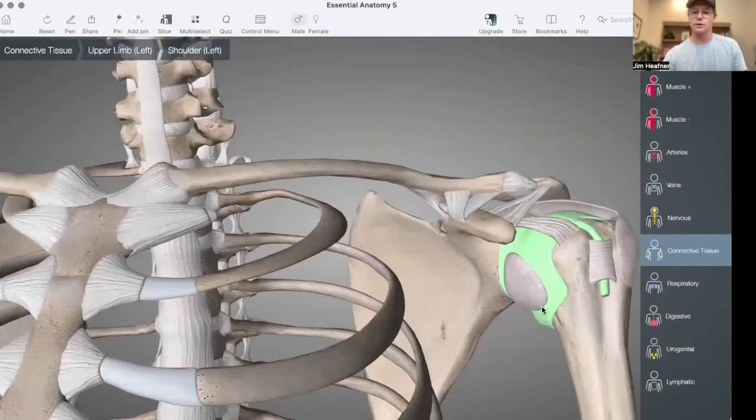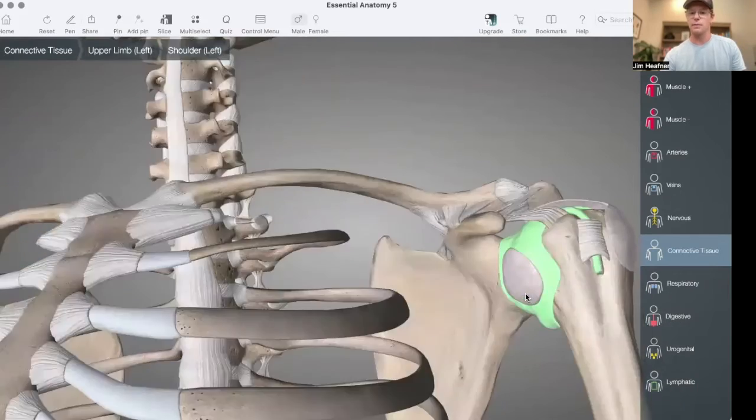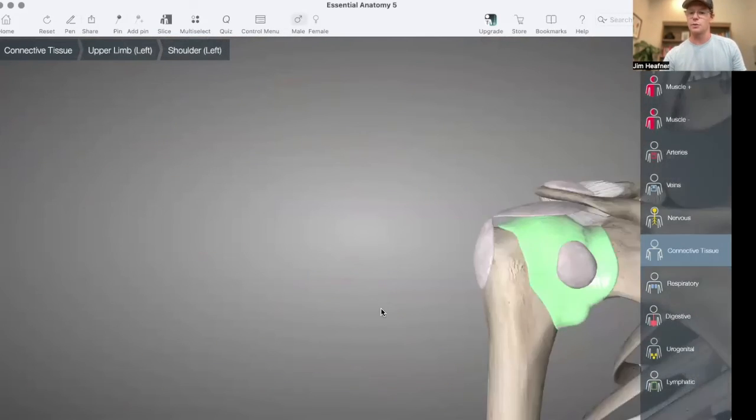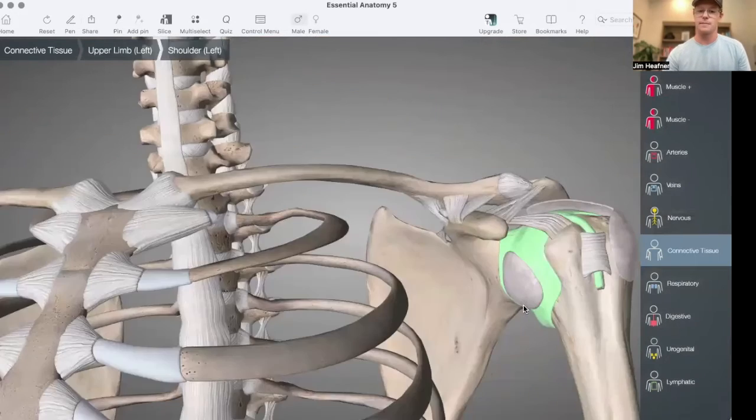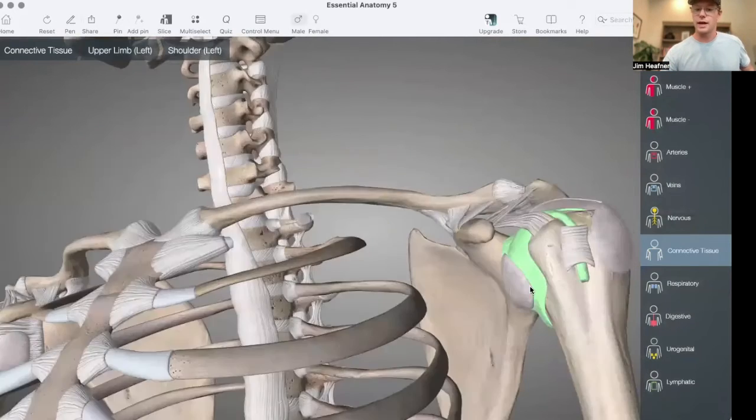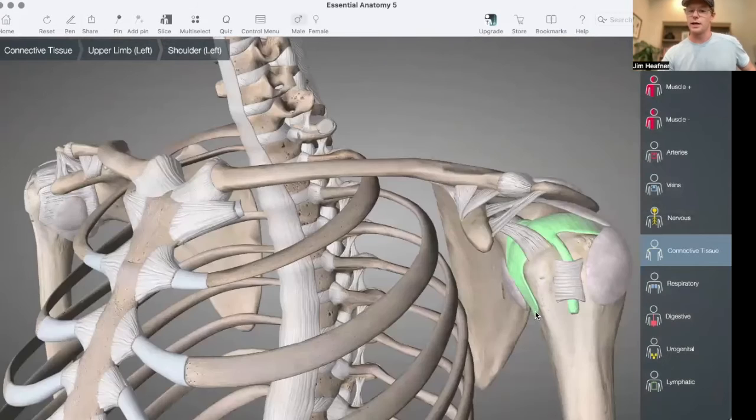And that runs broadly from the scapula over to the humerus, all the way around anterior, superior, inferior, posterior. And that provides a layer of stability for the shoulder joint when you move. Now, we don't want to rely on this alone because it's a thin layer of connective tissue. So that's where all the other ligaments and the musculature really help support that. But it's nice to see sort of the anatomical picture of really what that looks like.